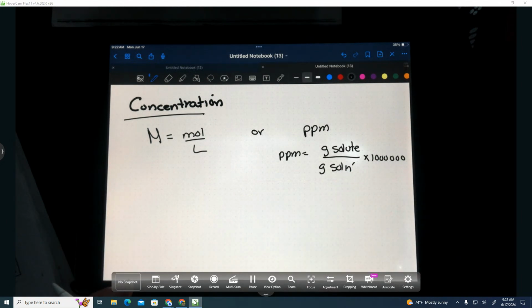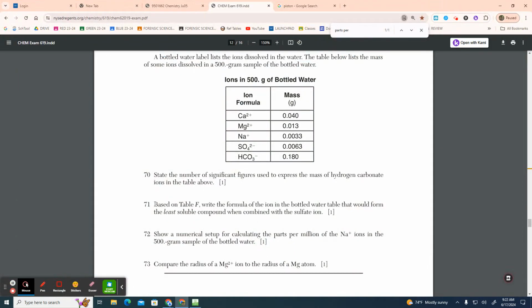Let's do a parts per million question. Based on table F, write... that's not a parts per million question. Sorry, I read the wrong one. Show a numerical setup for calculating the parts per million of sodium ions in a 500 gram sample of the bottled water.